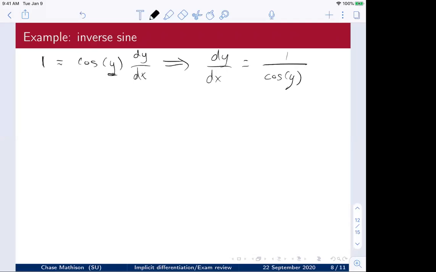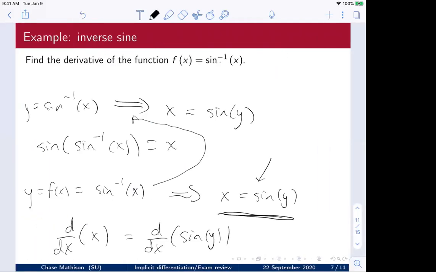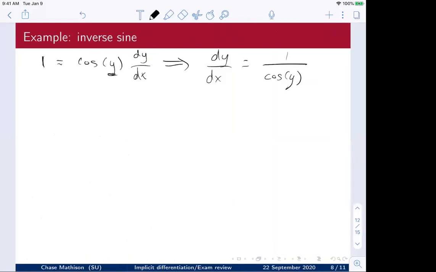cosine of y. Now with this example, I asked in terms of x. We started with an explicit function of x, so I should give my final answer as an explicit function of x. The way I'm going to do this, remember that x is the sine of y, and we're going to use the fact that cosine squared of y plus sine squared of y is equal to 1. Everybody remember that?